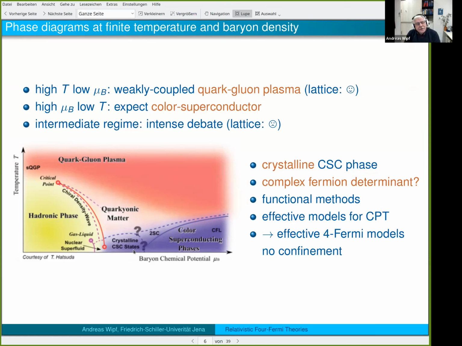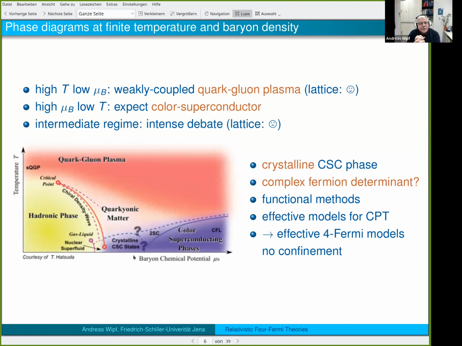And this conjecture is partly based on model calculations, and part of this talk will be about the status of these calculations. What we believe happens here has actually changed in the last years.